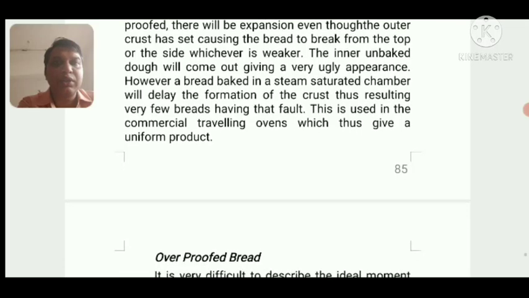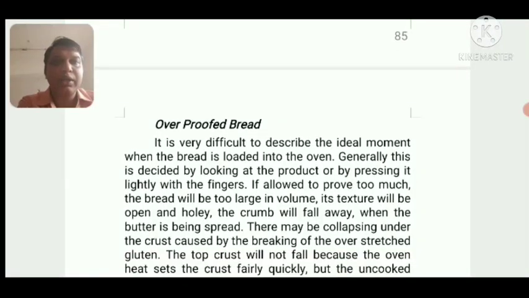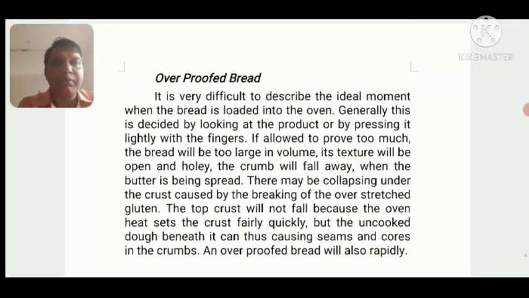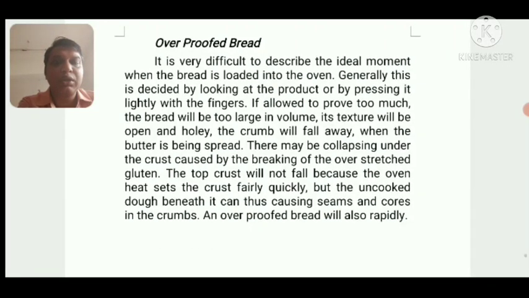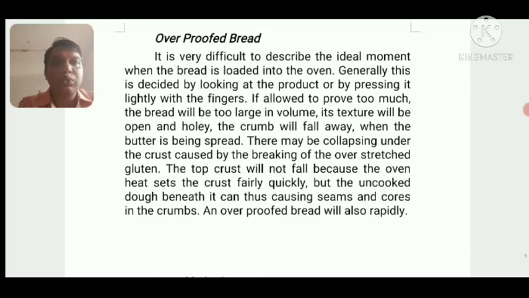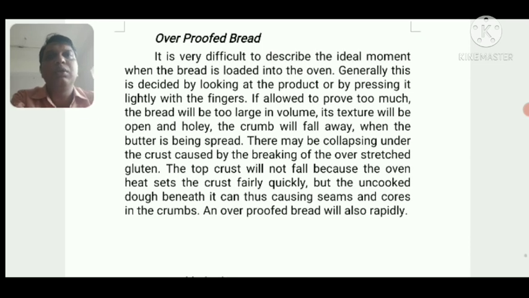You will find this leathery texture. So this is what happens. Overproofed bread, again it is very difficult to describe the ideal moment when the bread is loaded into the oven. Generally the proofing is done in the proofing chambers. So we need to understand that the proofing chamber's moisturizers must work properly, because these moisturizers provide the desired moisture content which is required by the breads to be proofed and cooked.